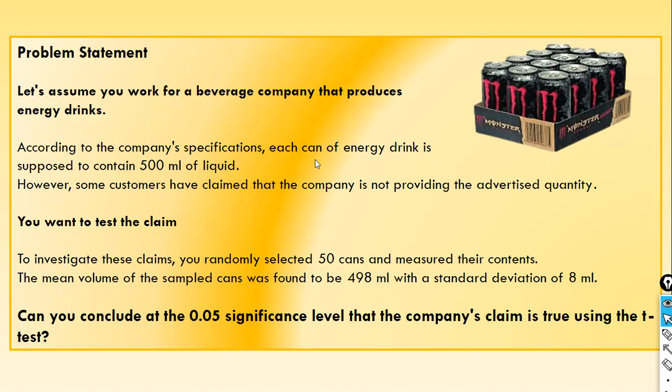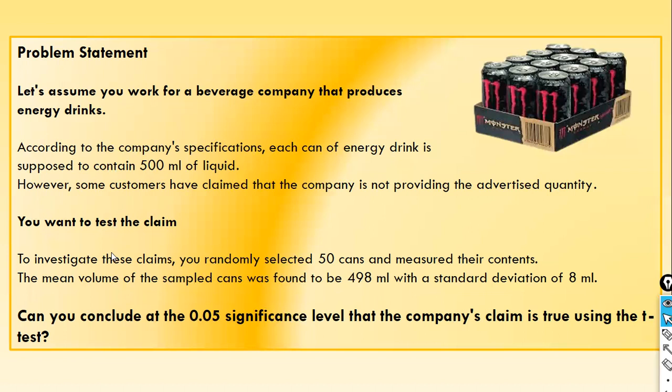Let's say you work for a beverage company that produces energy drinks. The company claims that the can of energy drink is supposed to contain 500 ml of liquid. However, some customers claim that the company is not providing the promised or advertised quantity.